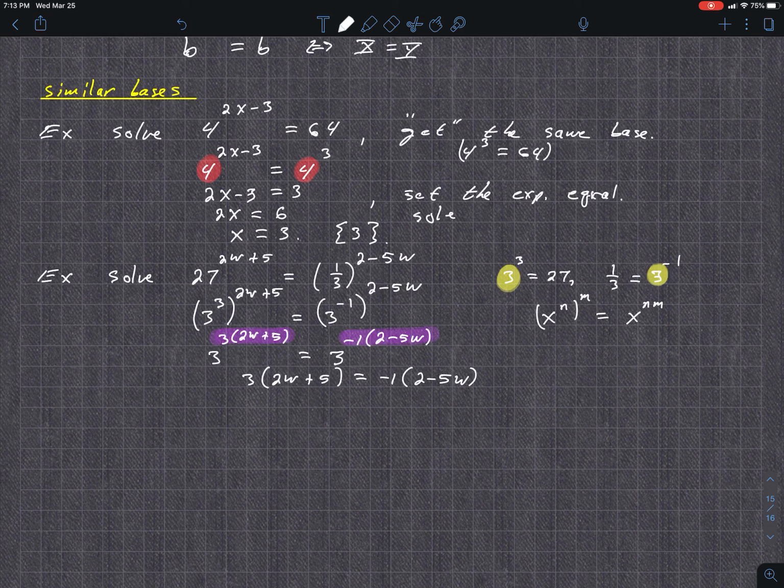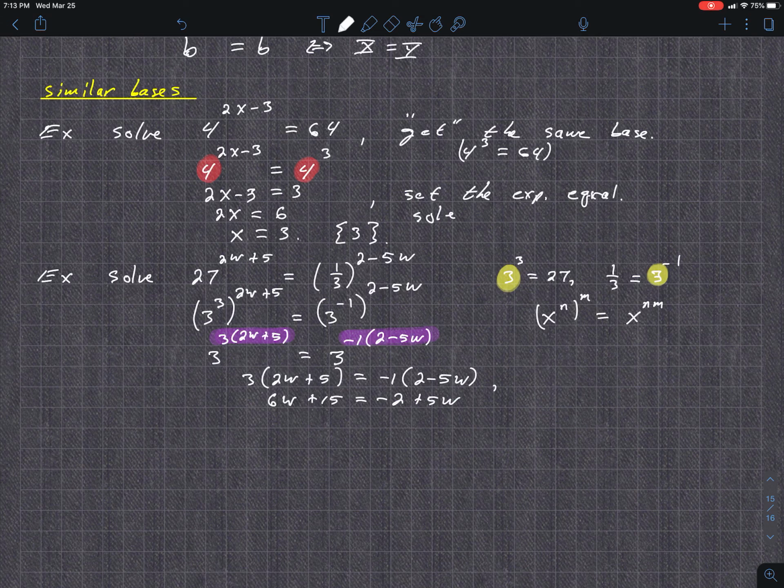Maybe pause the video and solve that. Then we get 6w plus 15 equal to negative 2 plus 5w. Isolate w: subtract 5w and subtract 15 on both sides, and you get w equal to negative 17. So that's the solution, negative 17.